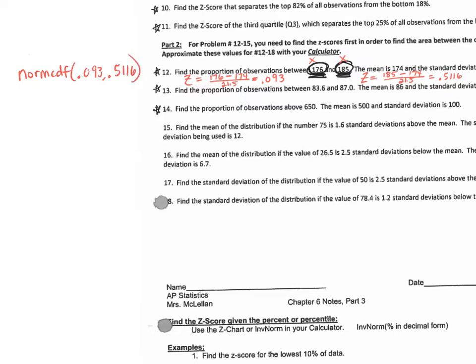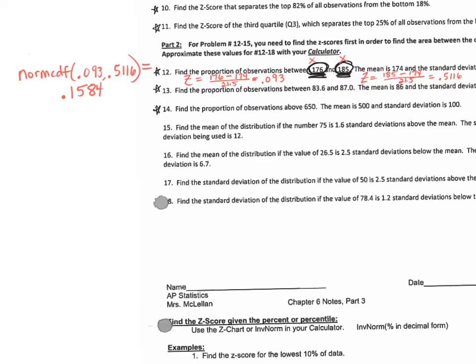Those are your two z-scores, and that will give you the area. If you try that, you'll find you get an area of 0.1584.